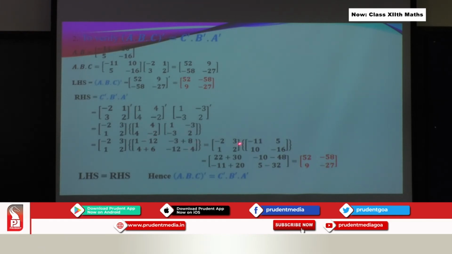I get here the product of A transpose into B transpose into A transpose, and I am getting here C transpose into B transpose into C transpose. Here you are getting this. See the matrix I have given in red, this matrix and this matrix, I mean to say my LHS and my RHS, is it same?